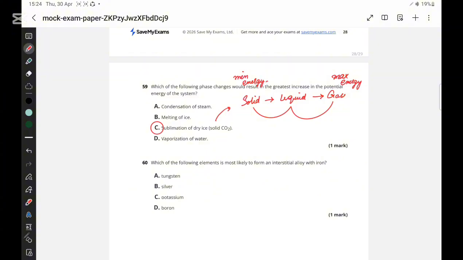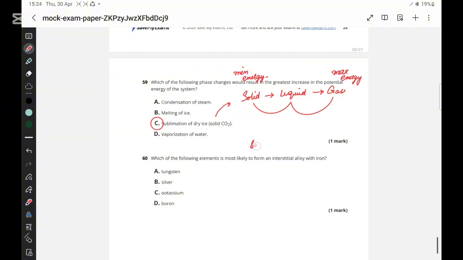Which of the following elements is most likely to form an interstitial alloy with iron? So, what is an interstitial alloy? It is when a smaller atom fits between larger atoms.